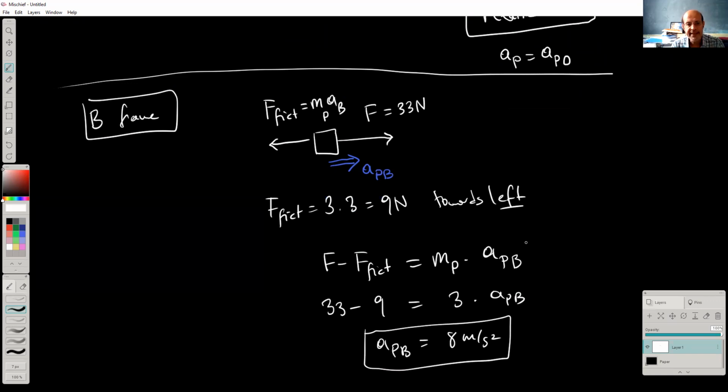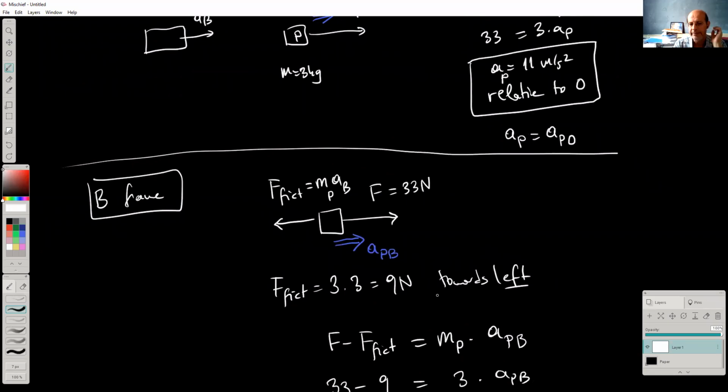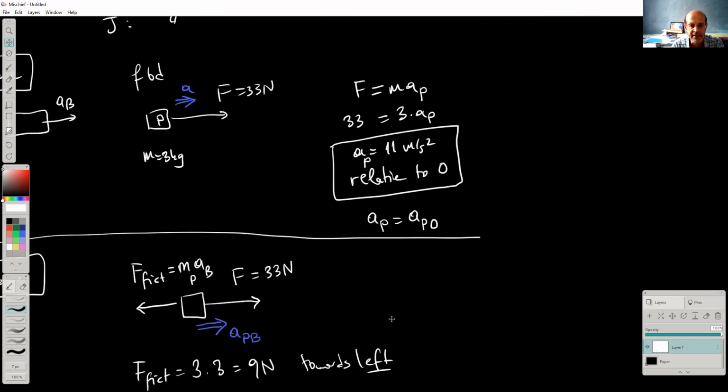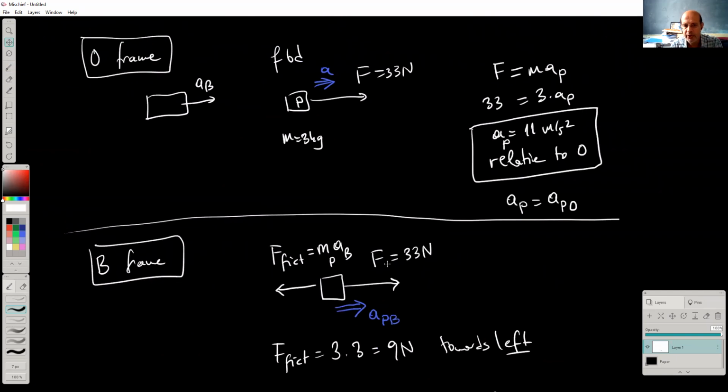Shouldn't we say minus AB? It depends on which frame that you're using. If I'm talking about the x component, if I have defined an x-axis, yes, that would be something like that.